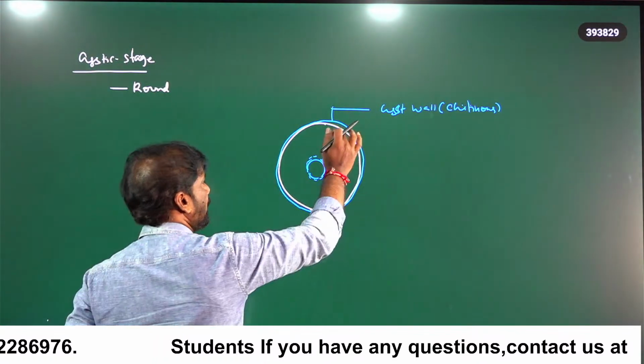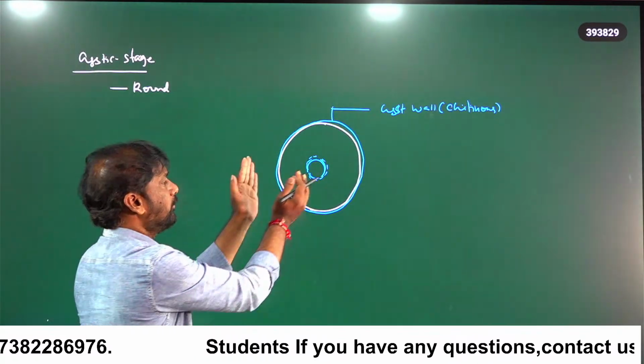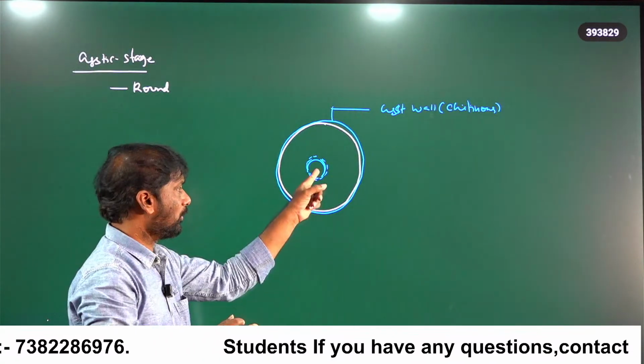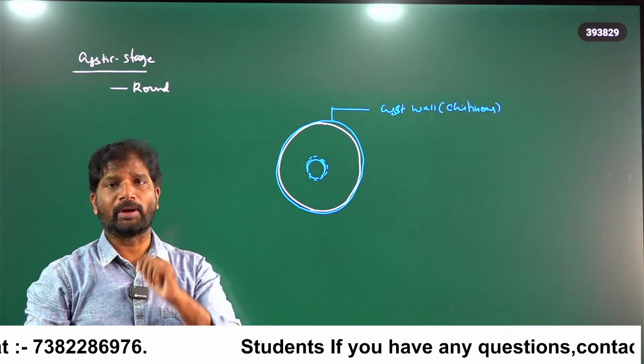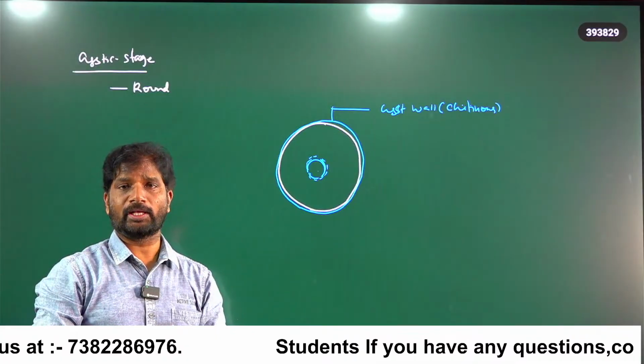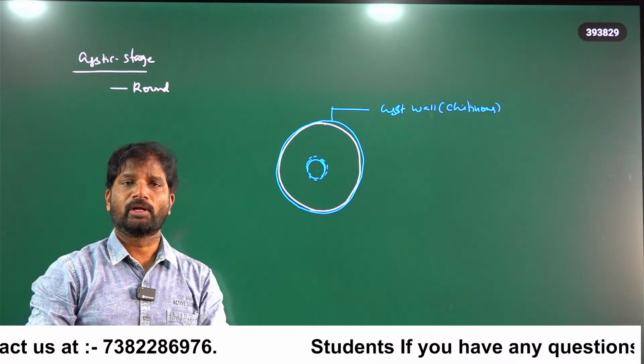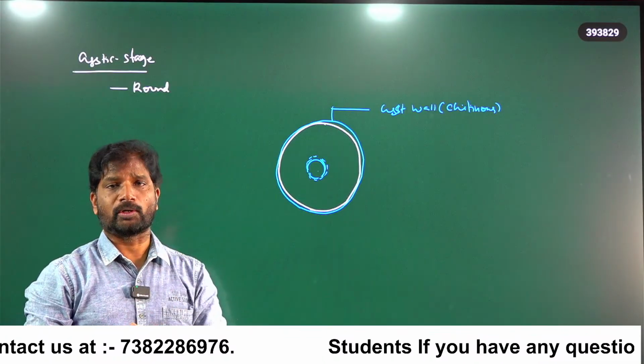It is made up of chitinous material, and the nucleus of this cystic stage undergoes one mitotic division and leads to the formation of two nuclei, and each nucleus again undergoes one mitotic division and forms the four-nuclei stage.